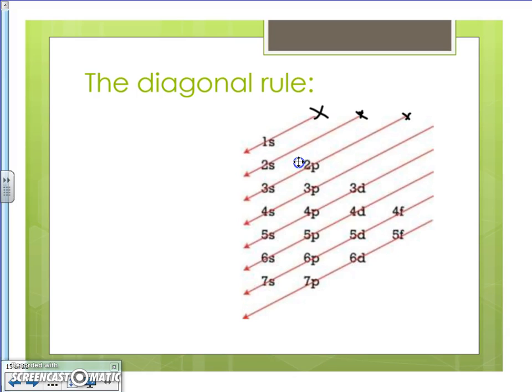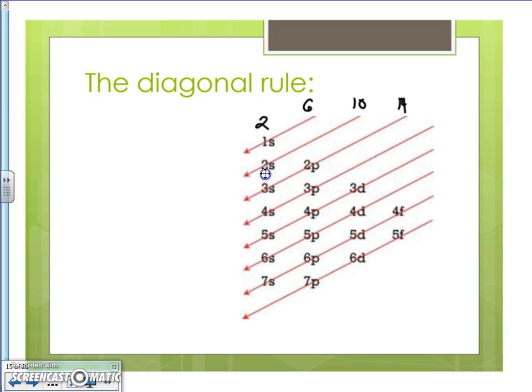You just keep going with this, remembering that every s in this column can hold 2 electrons. Every p in this column can hold 6. The d column can hold 10, and the f can hold 14. So once you get 2 in the 1s, you're full. Then you keep following the arrow down to the next one, which is here, and follow it down.